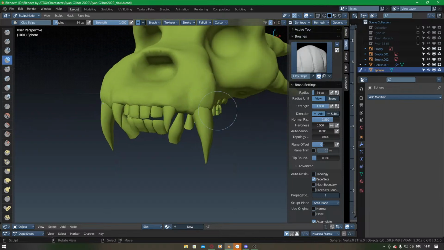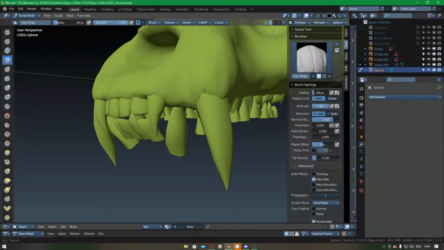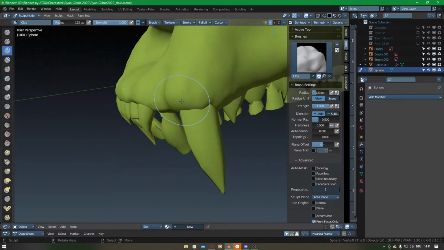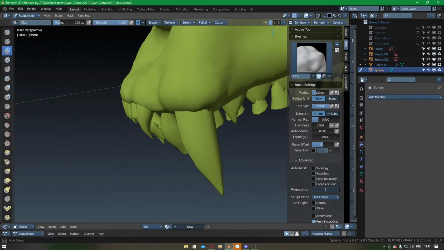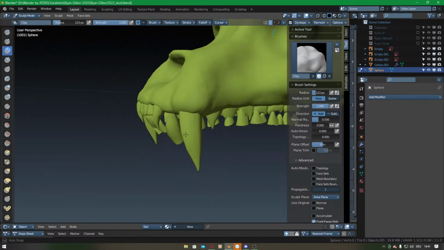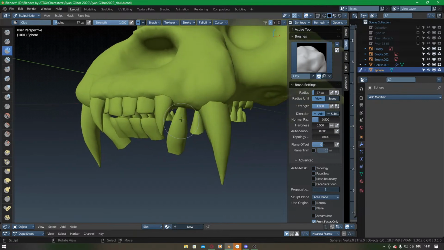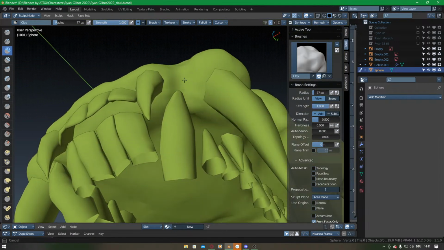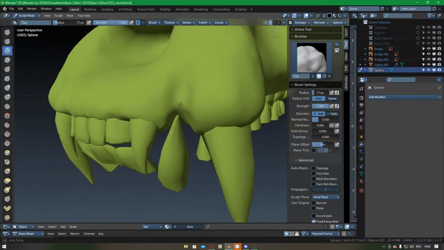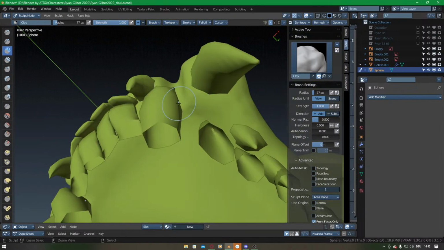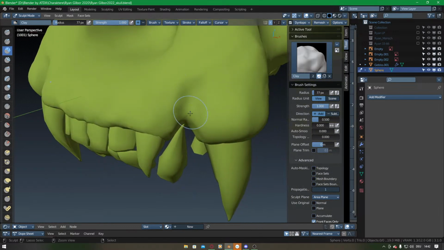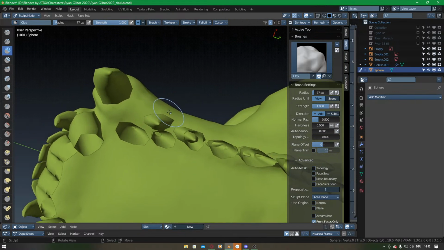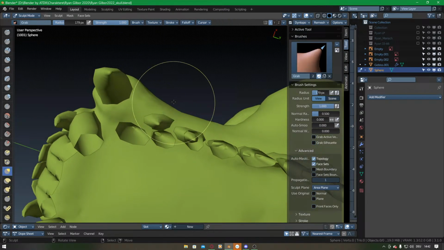Yep. Range doesn't work as well. And this tooth is moving in here, so I've got to put a dent in here so that the tooth is not in the way of the bone.